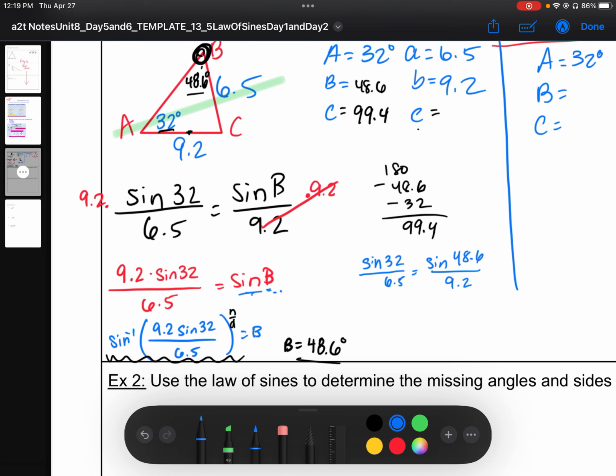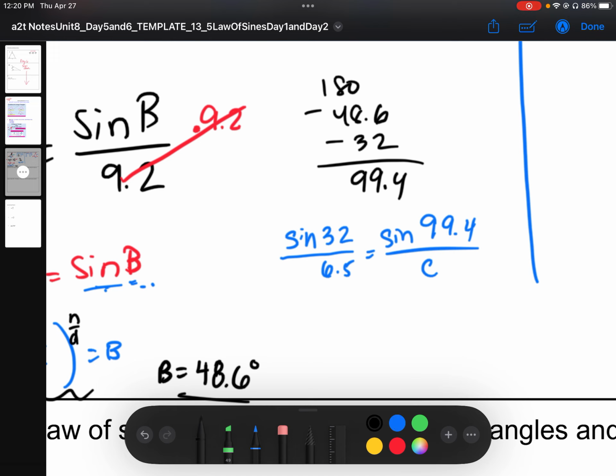And I messed up a little bit because I need to find side C. So I need to use angle C. Back up a second. All right, so sine of angle C is 99.4 and missing side C. This looks right. Now we can cross multiply. So C times sine 32 equals 6.5 times sine 99.4.